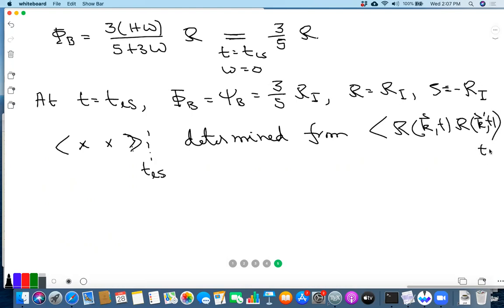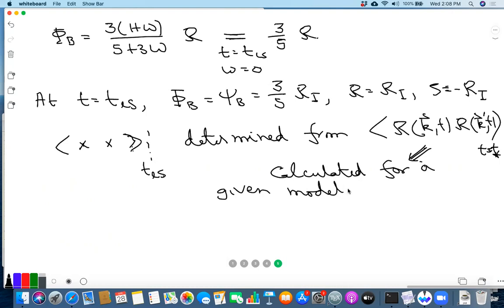Is this clear? And this we have already calculated, right, for inflation. Calculated, of course, for a given model of slow roll inflation.